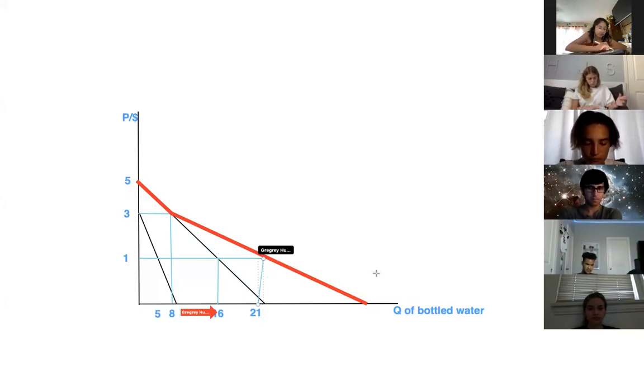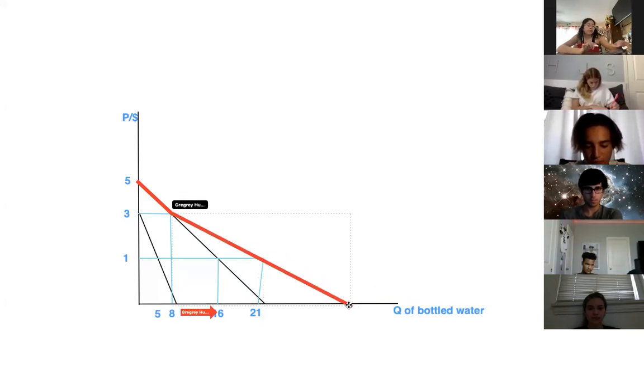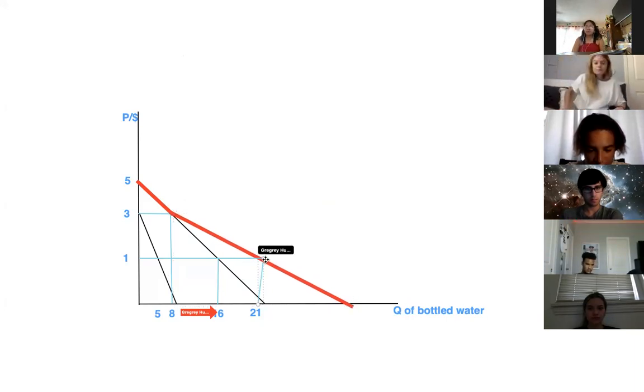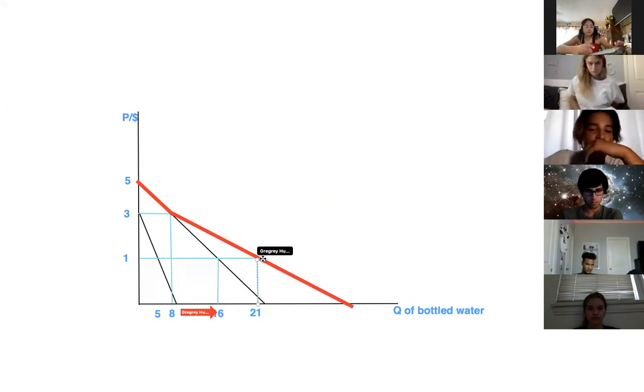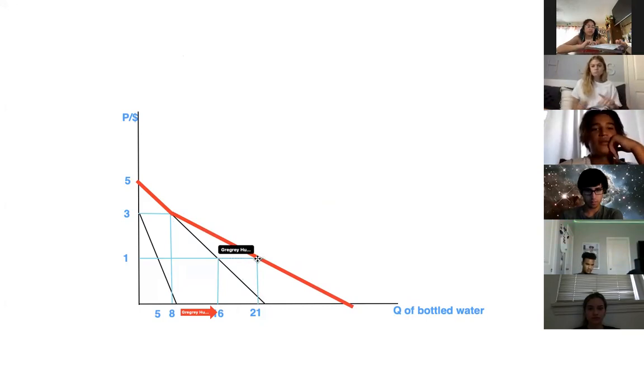I could move it around more. Hold on, let me see. And then move this one. Okay, I think that does it.